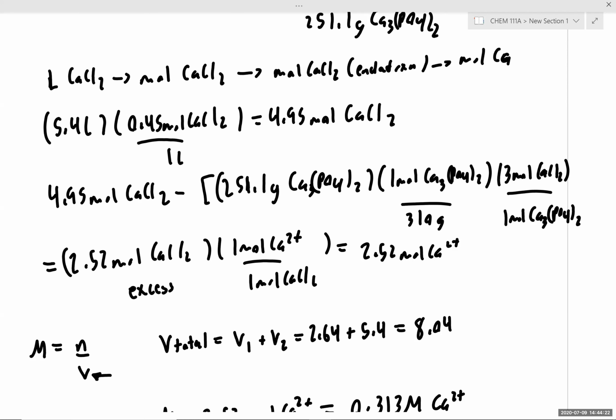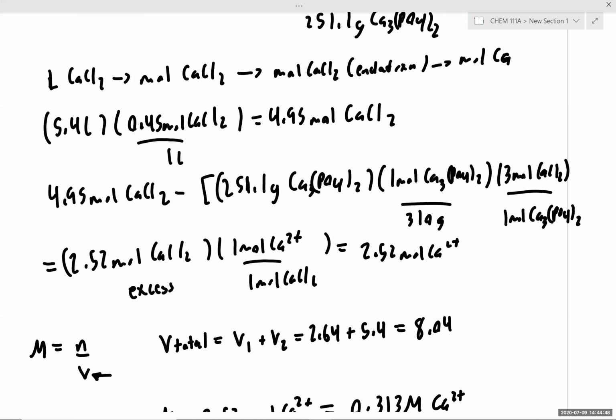But when calcium chloride reacts, the calcium isn't in solution anymore, right? So we want to figure out from the amount that we started with, how much calcium chloride is left over. That's why we subtract the amount of calcium chloride that reacts based on the mass of the product that we make.